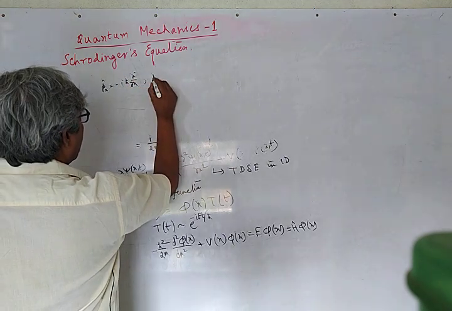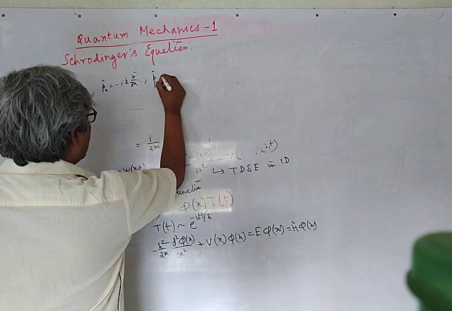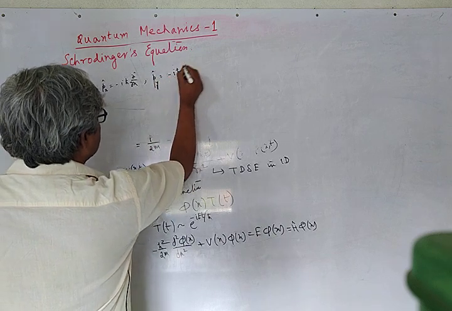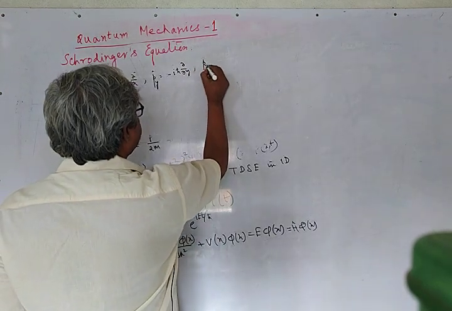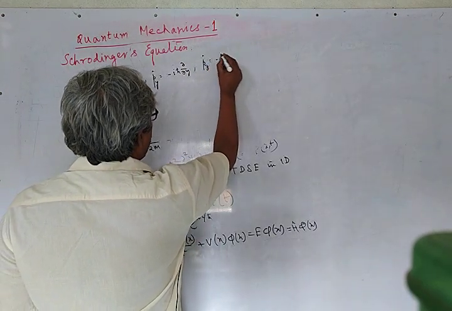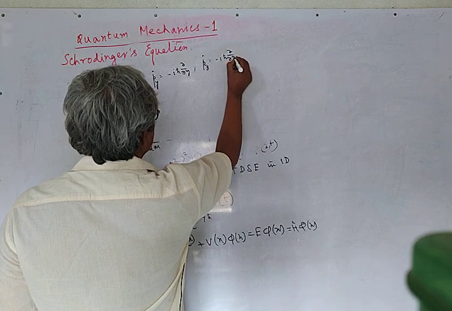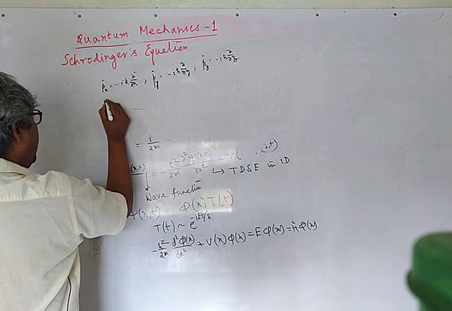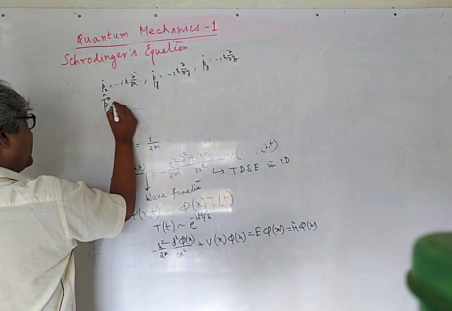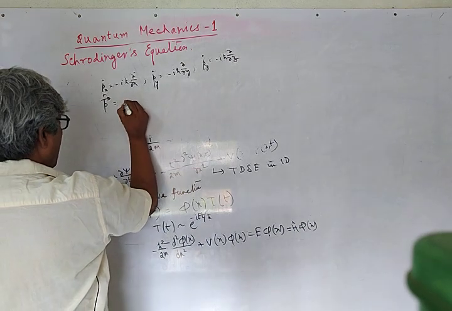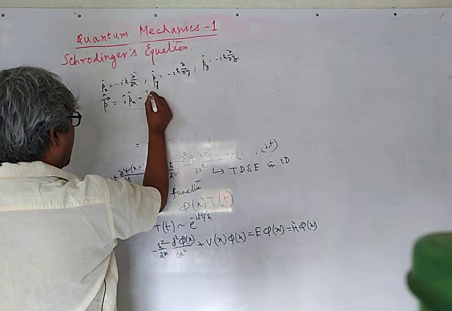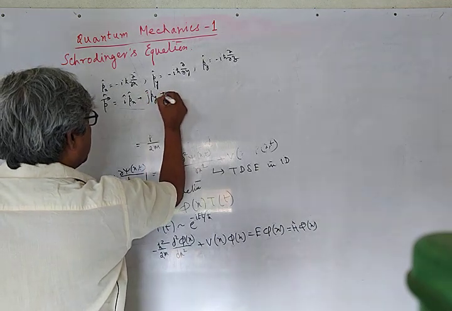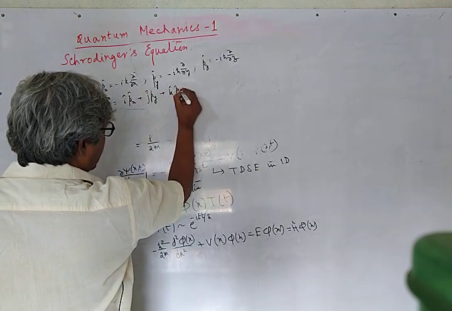Similarly, the py operator will be this, and the pz operator is this, so that the vector p operator is i cap px operator plus j cap py operator plus k cap pz operator.